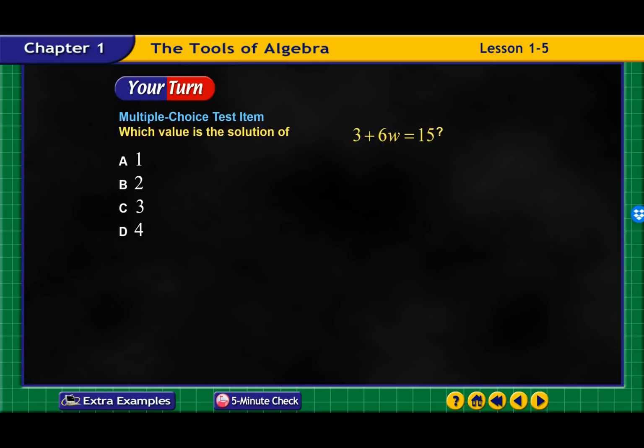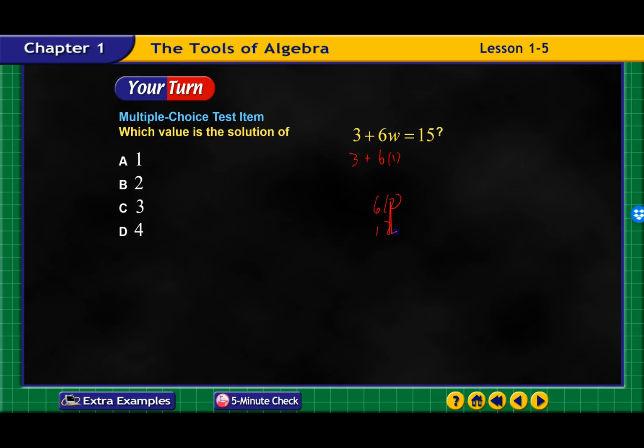All right, try this one on your own. Okay, well, we just start substituting in. So let's go 6 times 1. 3 plus 6 comes out to 9. That's not going to be right. Let's go 6 times 2.